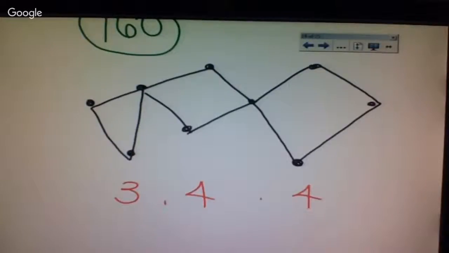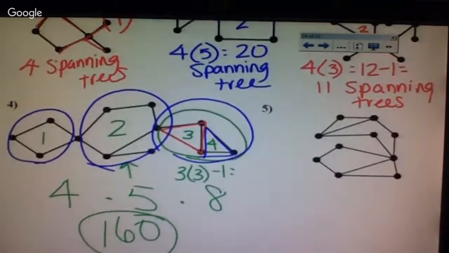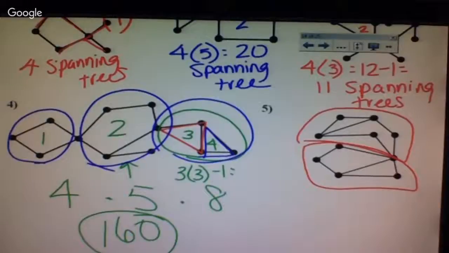Okay. All right, friends, let's go back to number 5. How many circuits do I have? I've got 4 separate circuits. These ones share a line in common, and these ones share a line in common. So we're going to deal with the top 2, the bottom 2, and then multiply together.